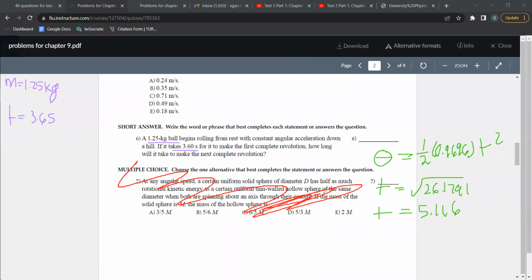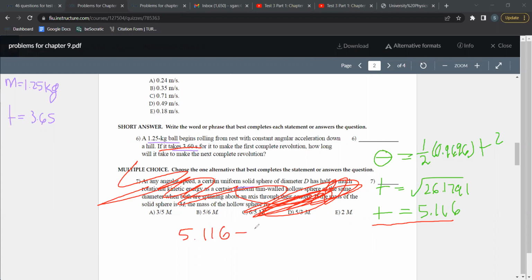Ignore all of this right now, because that's a different question. So now that we have our time, and we know our original time was 3.60 seconds, all we have to do now is subtract to get an answer.